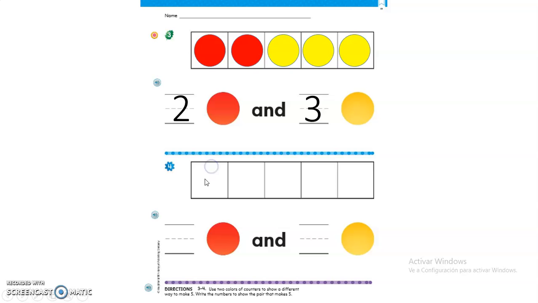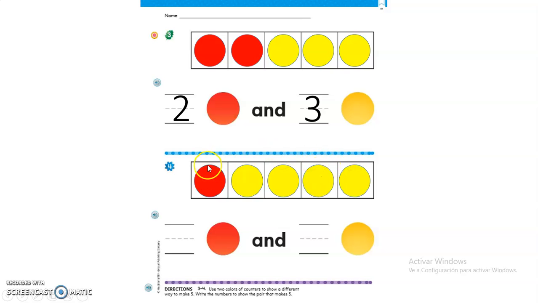Let's see. If you have right here only one red counter, how many more yellow ones do you need to make 5? Remember, this is a 5 frame. So how many more do you need to make 5? Let's see. 1, 2, 3, and 4.